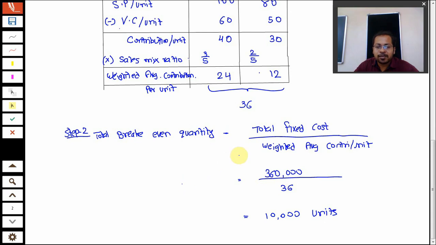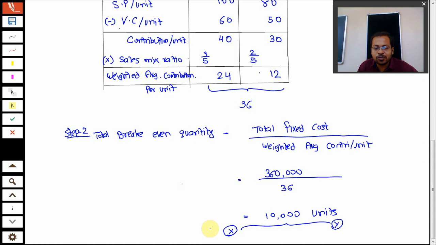Okay, but this 10,000 quantity is actually for two products X and Y together. But what we are supposed to do, we need to divide this in again sales mix ratio. So for product X and for product Y, product X ratio goes 3.